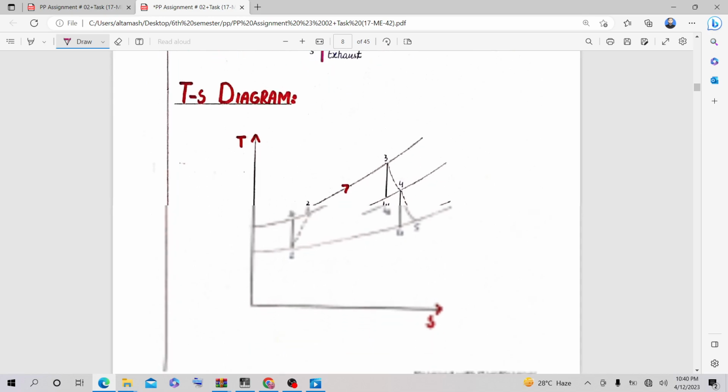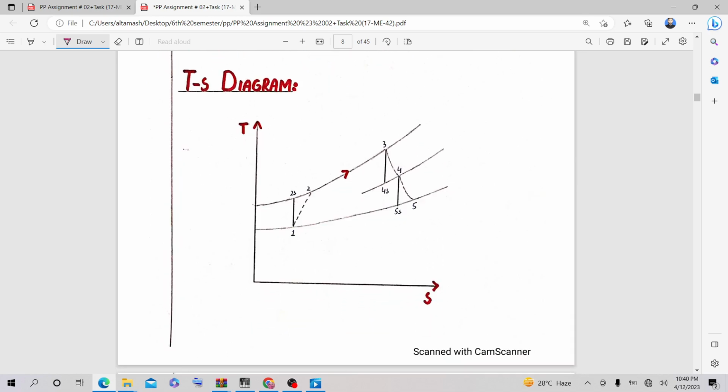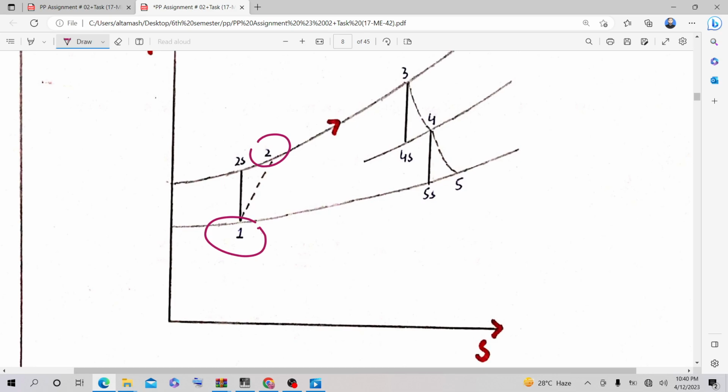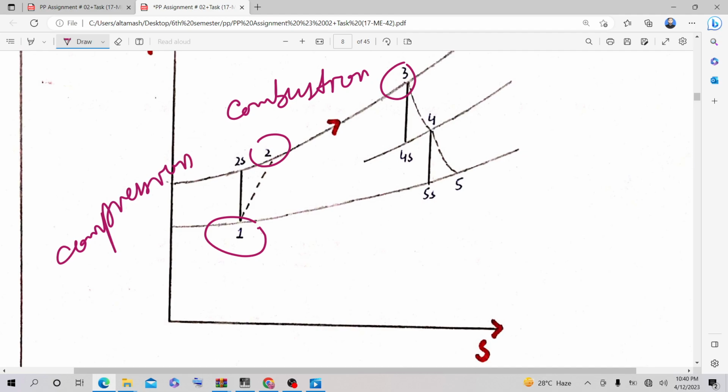Now let's look at its TS diagram. So this is TS diagram. Process 1 to 2 is what? It is actually compression process. Process 2 to 3 is what? It is actually combustion process. What is process 3 to 4?